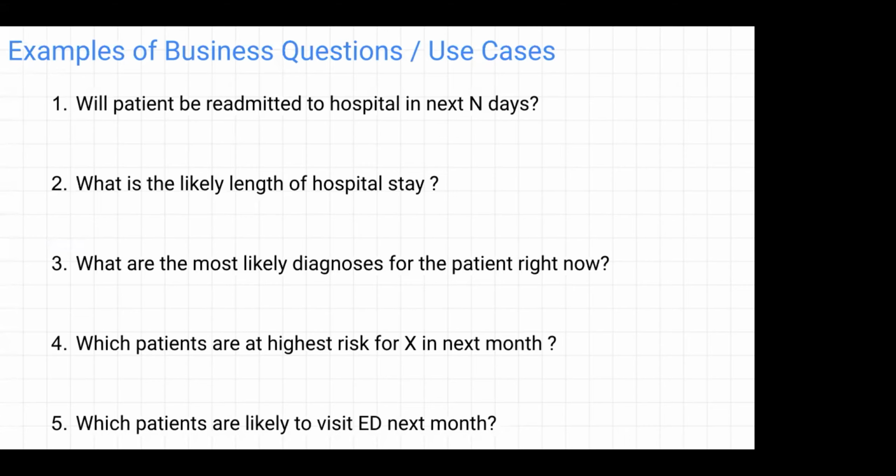Which patient right now has the highest risk of coming back to the hospital in the next 6 months, or maybe who is going to visit the ER? So these are the things we're actually doing for many of our customers.